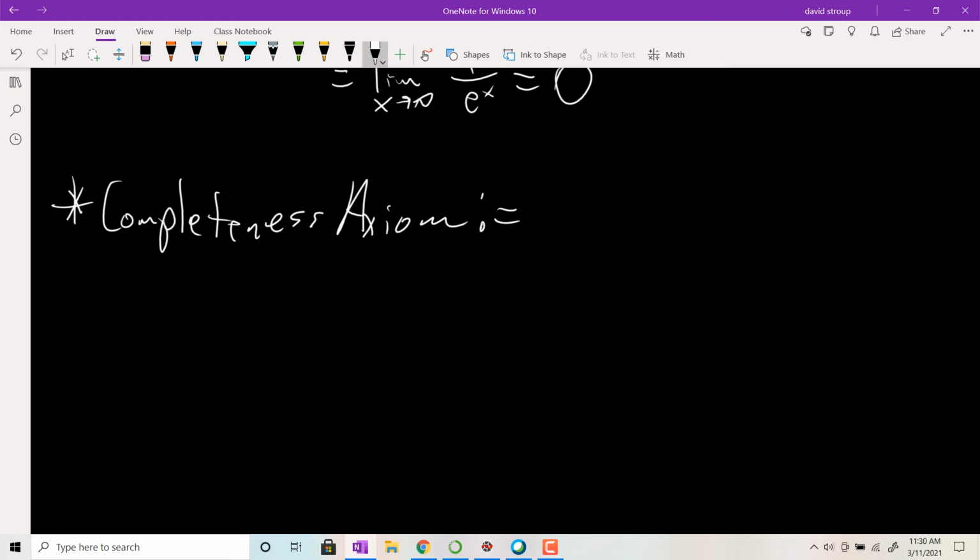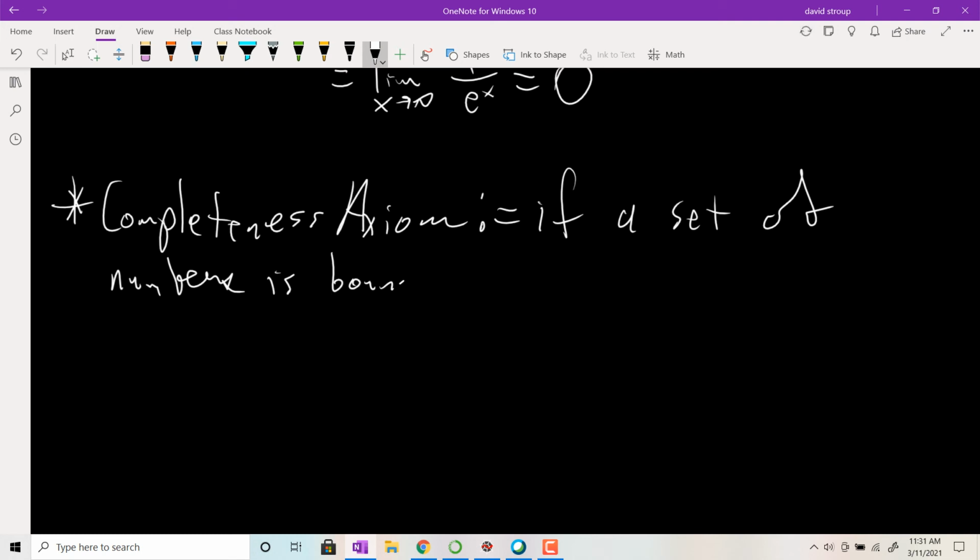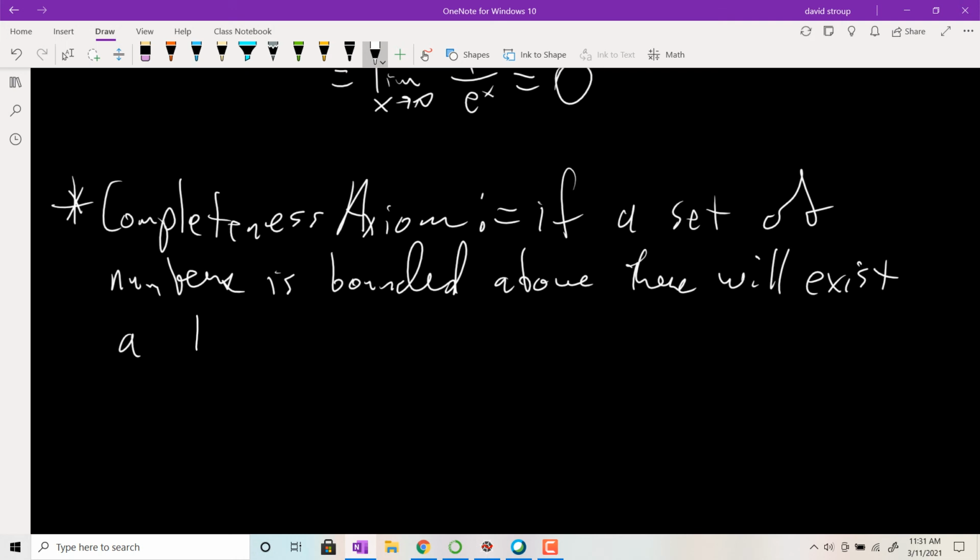So anyways, the completeness axiom is going to say if a set of numbers is bounded above, there will exist a least upper bound.